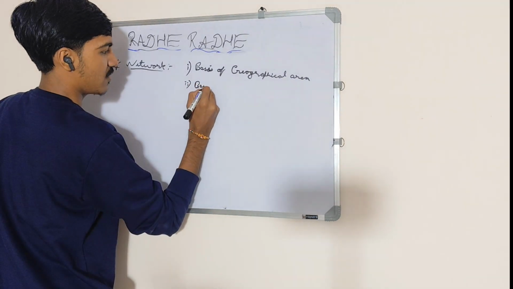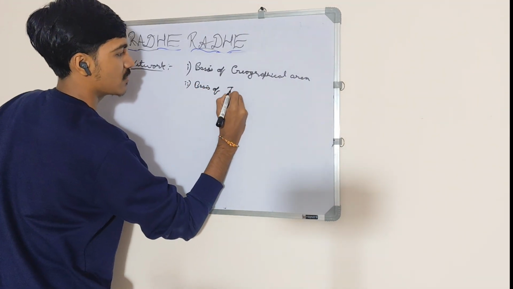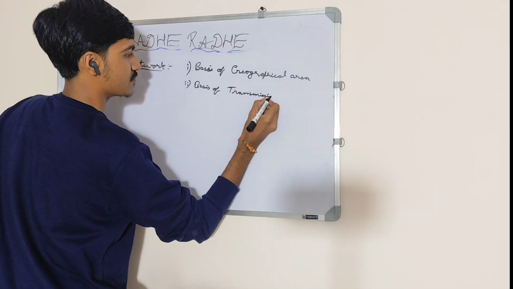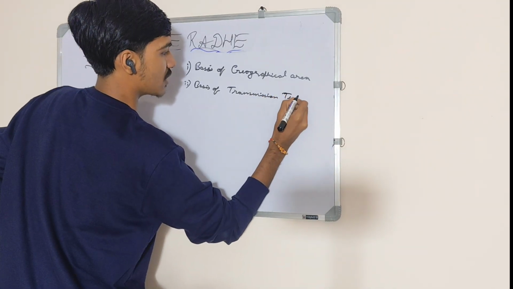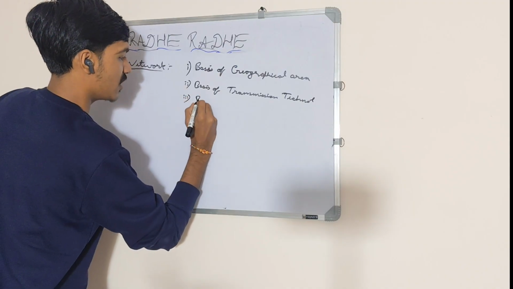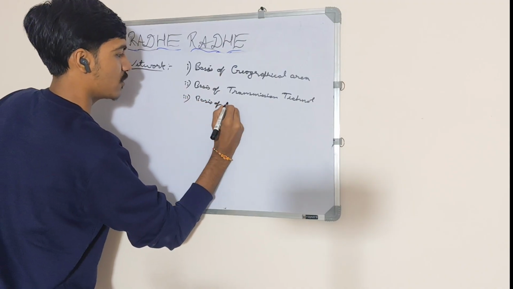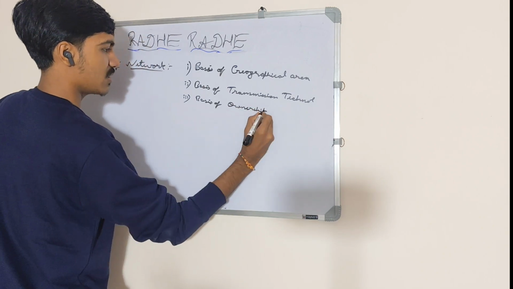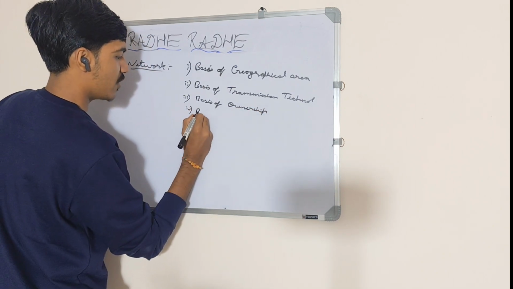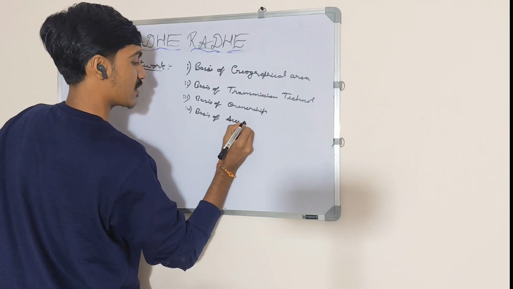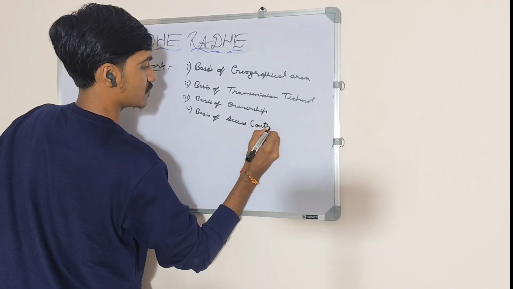Second thing is on the basis of transmission technology. Third thing is on the basis of ownership. Fourth thing is on the basis of access control.